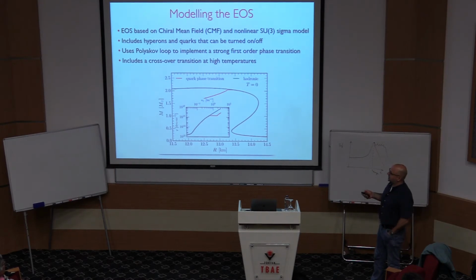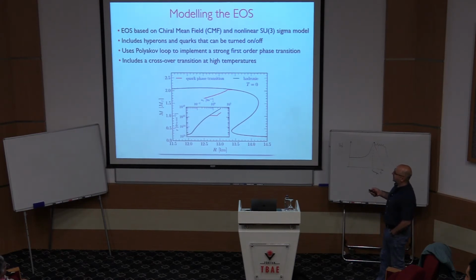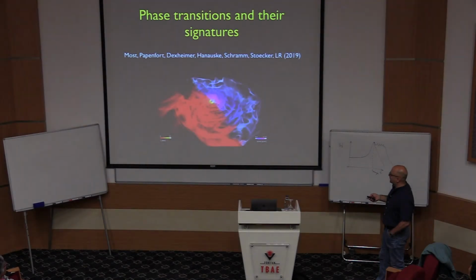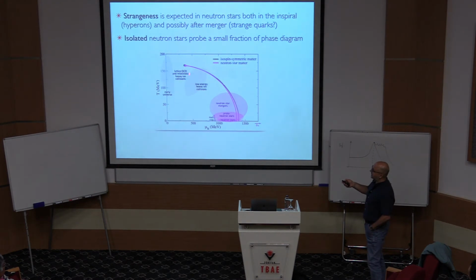What we've done is consider a new equation of state which is based on CMF and a nonlinear SU3 sigma model. This includes hyperons and quarks, and these hyperons and quarks can be either switched on or off at our will. We use a Polyakov loop to implement a strong first order transition. At high temperature, we use a crossover so that we can reproduce the prediction coming from lattice QCD that there should be a crossover.